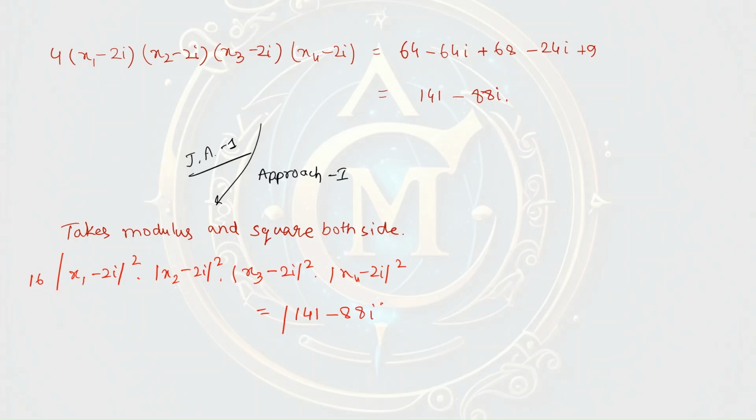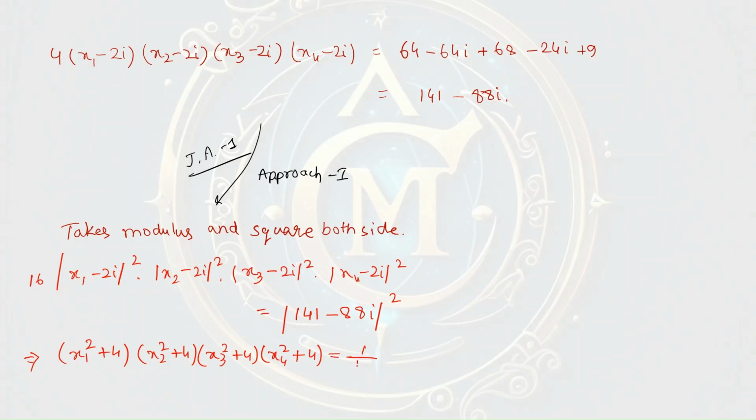Now here he or she writes this as (x1 square plus 4), then (x2 square plus 4), then (x3 square plus 4), times (x4 square plus 4) times 16.